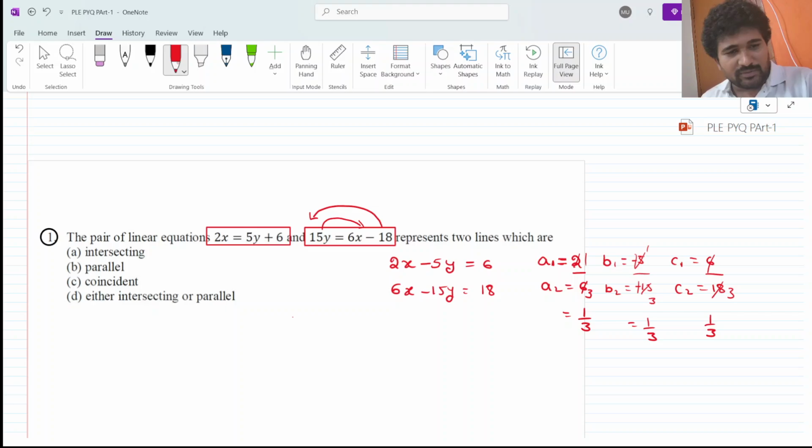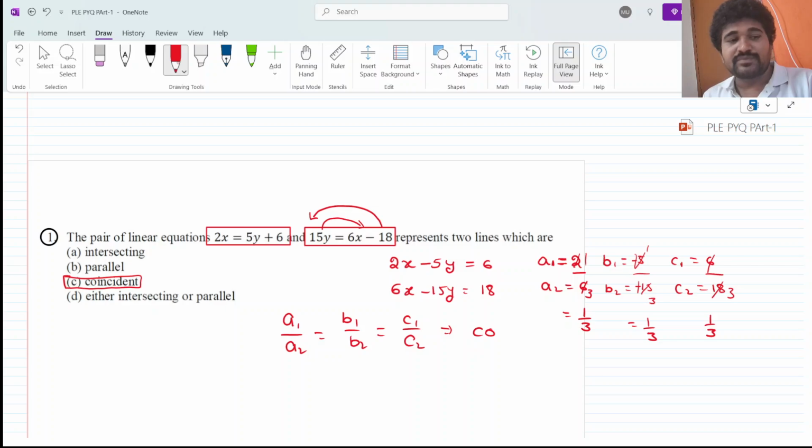You tell me now, if a1 by a2 is equal to b1 by b2 is equal to c1 by c2, if all the three are equal, what is that condition? Coincident. So which is the correct answer here? Option C, coincident. Is that clear for everybody? The lines are coincident lines. Clear?